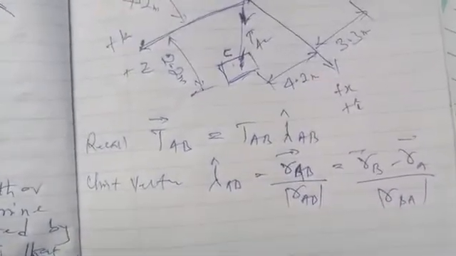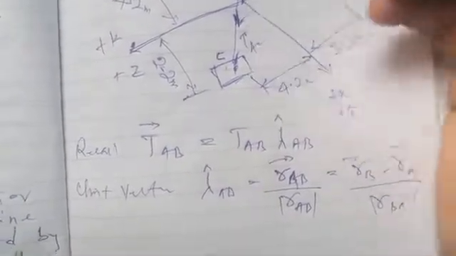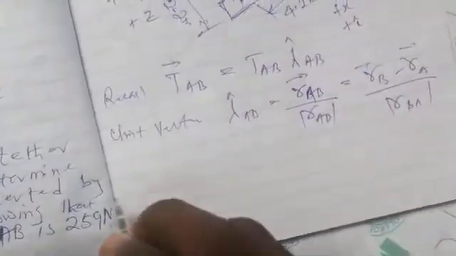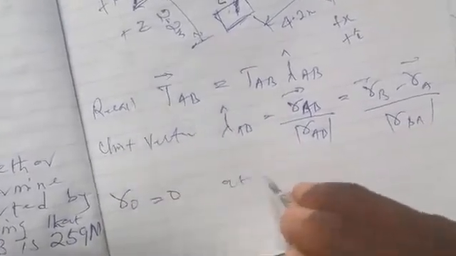Recall from the earlier analysis, we said move from the origin and locate all the points. So at the origin, RO is equal to 0.